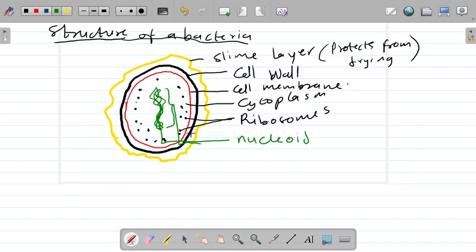There's no membrane-bound organelle or membrane-bound DNA. So where you find the DNA inside a bacteria, it's called the nucleoid, not the nucleic acid core. So please make sure you know the difference if you are asked to differentiate between a bacteria and a virus, right?